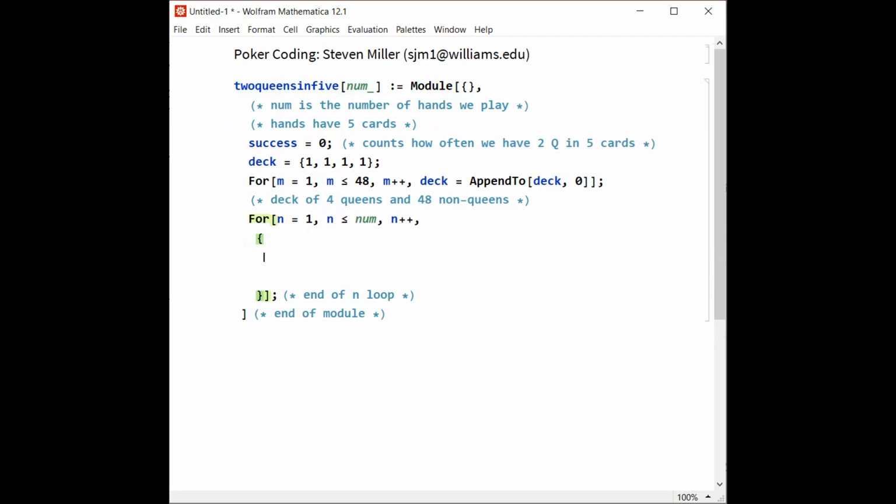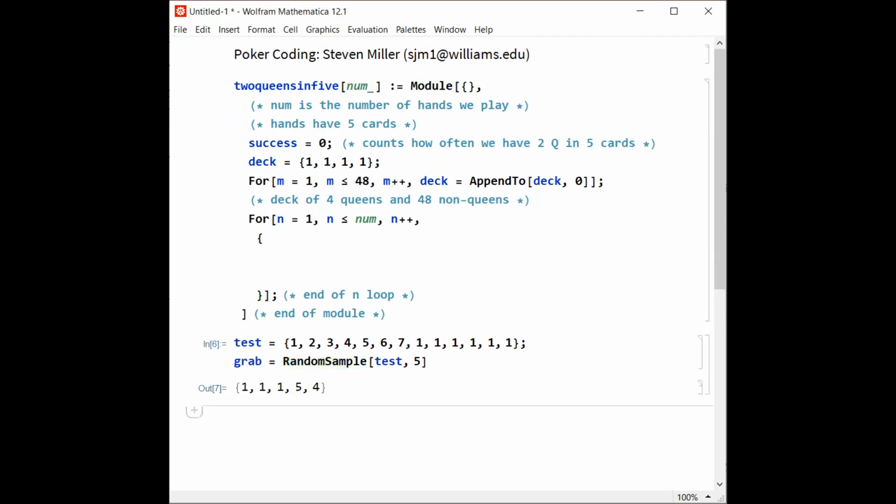How do I choose 5 cards? So we can often test things. So test 1, 2, 3, 4, 5, 6, 7. Random sample. And so that will pull 5 elements at random from test.